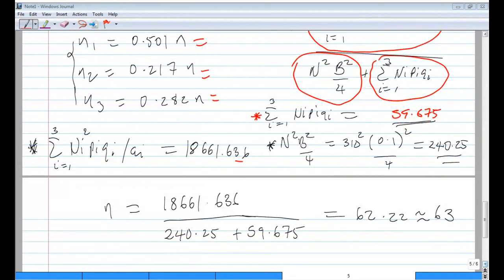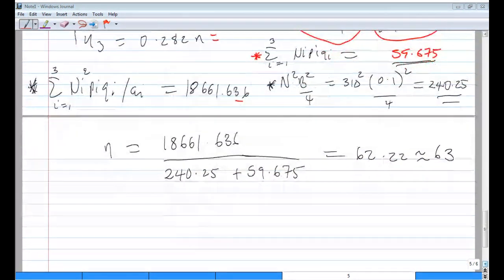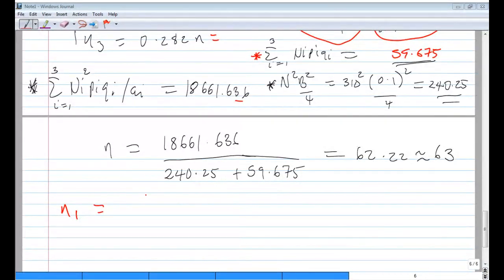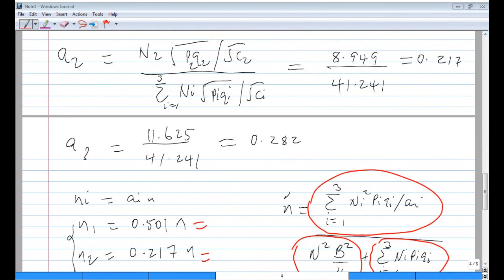In other words, n1 is equal to 0.5 (0.01) multiplied by 63. Then n2 217.